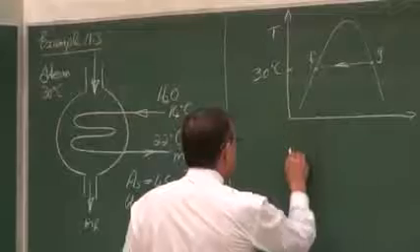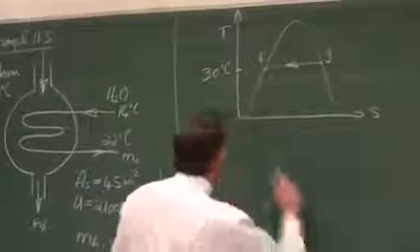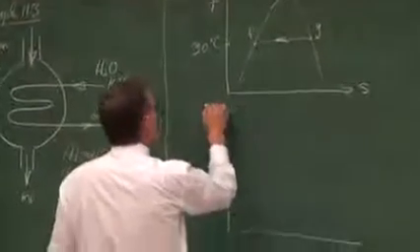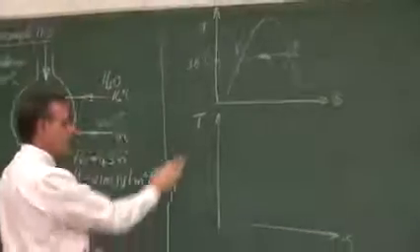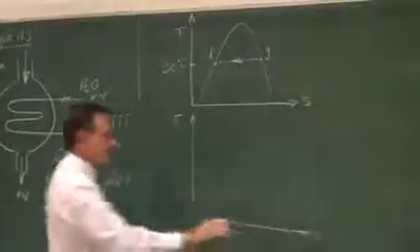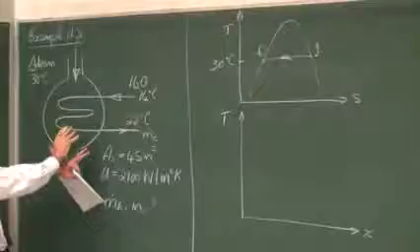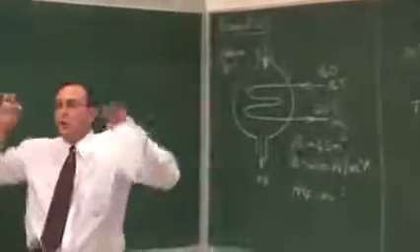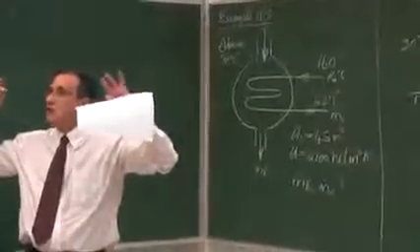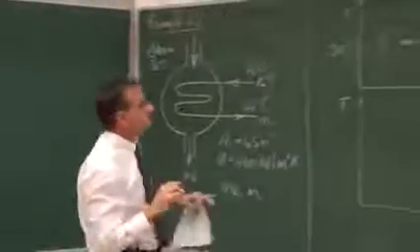Okay, so if we now look at the two streams, now that we know what happens with the steam, and we show it on a T-X diagram, although the X might not be there, because we are going to force this heat exchanger to be a sort of counterflow heat exchanger.